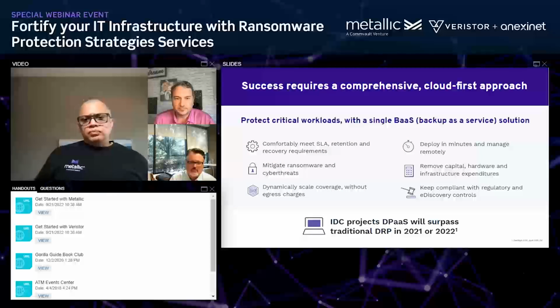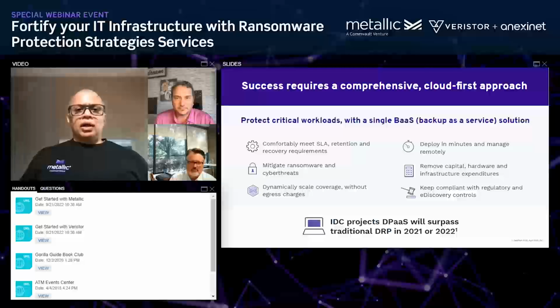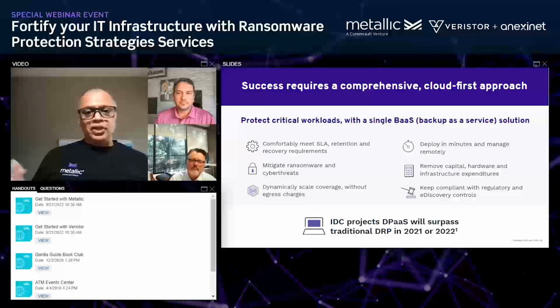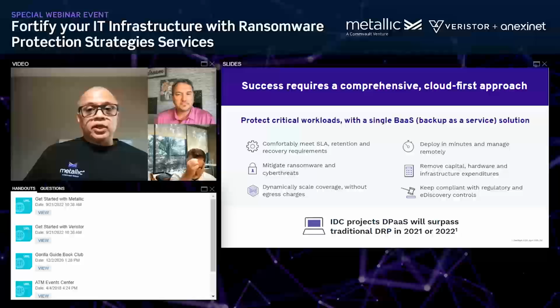Yeah, so success really depends on understanding and classifying your critical data, and not just critical data, but your critical environments. I mentioned AD, for example, right? You need to understand the appetite of the business, and then whether the tools and services you use can comfortably meet those SLAs that you are committing to the business, because it's all about the business, right?